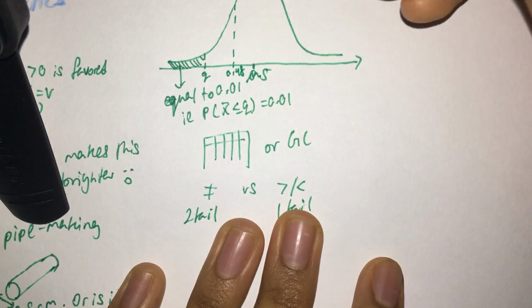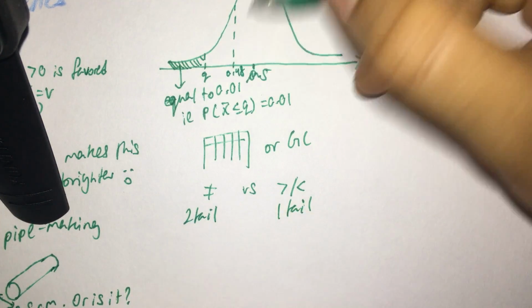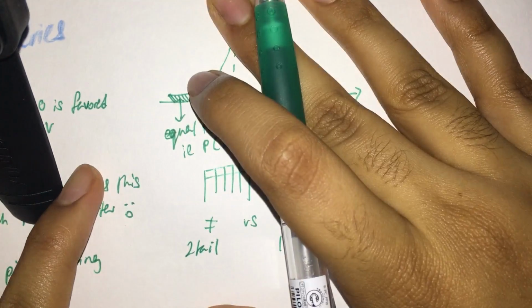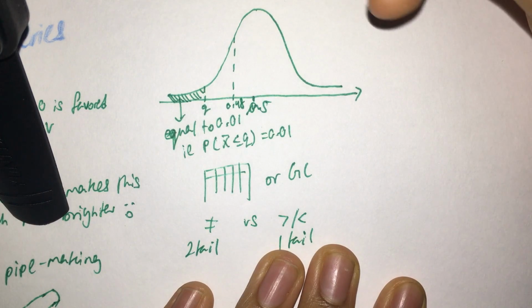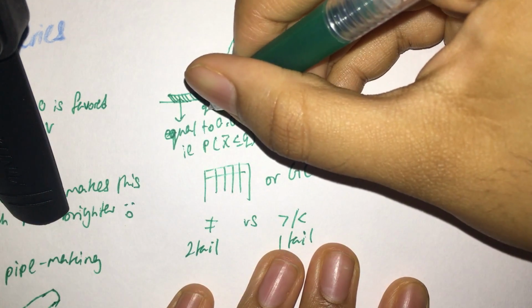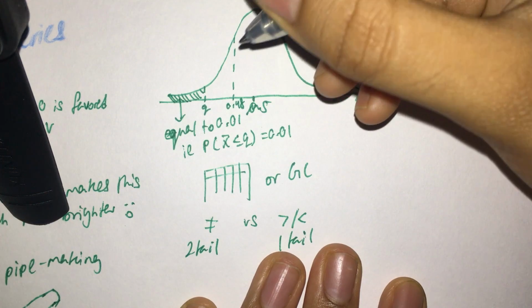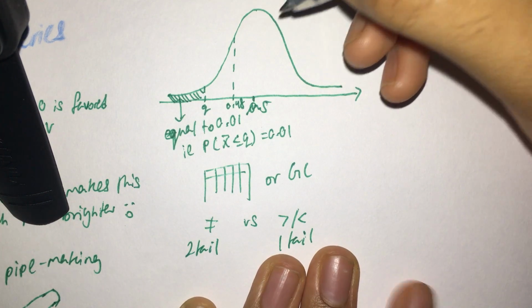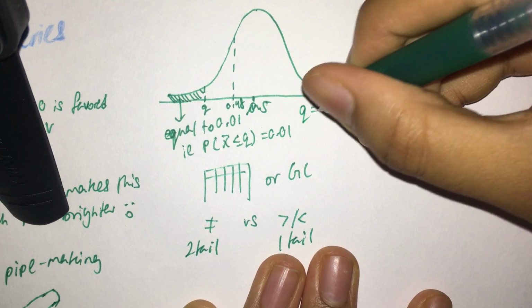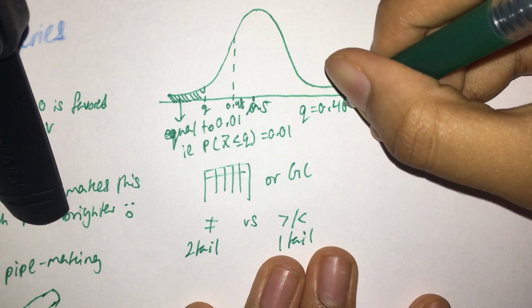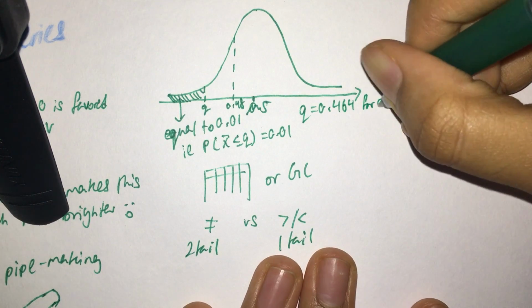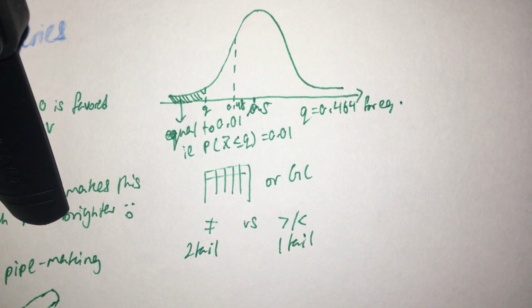So we would go to the left hand side of the bell curve, and find that area that covers the 1% probability, and then see what's the probability until the 0.48 mark.